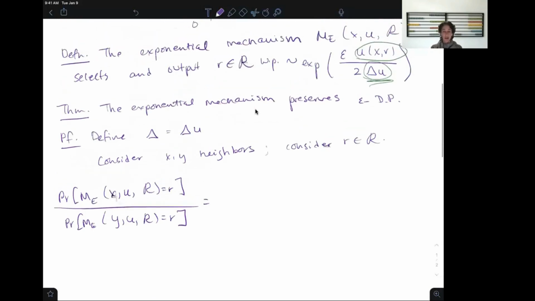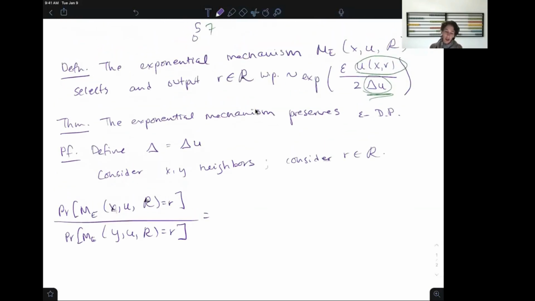Let's plug it in literally. We know the numerator of the probabilities, but remember this was proportional to, so we're going to have to get a denominator on those probabilities too in a moment. So this is exp of epsilon u of x, r over 2 delta. Please catch me if I make a mistake. Now I need a denominator here. This is proportional to, so I just need to sum up the probability mass on each of the outcomes.